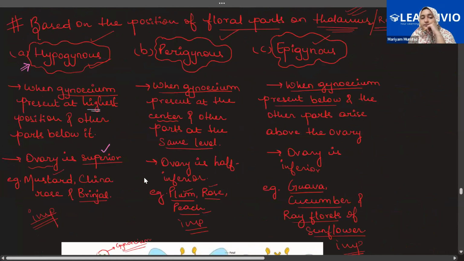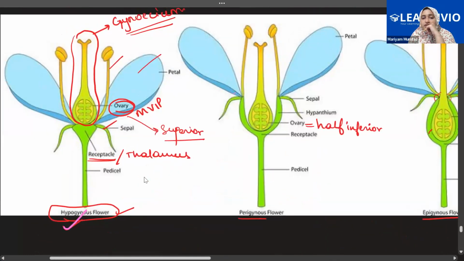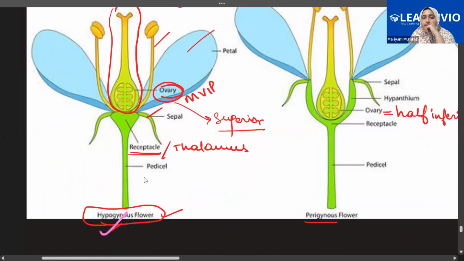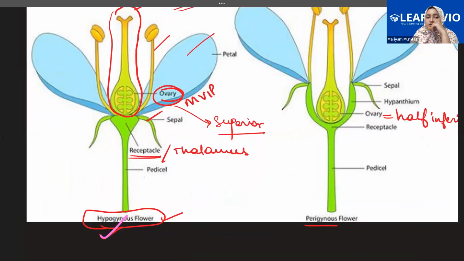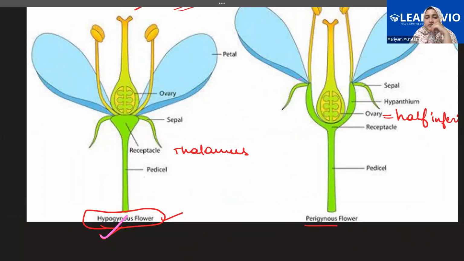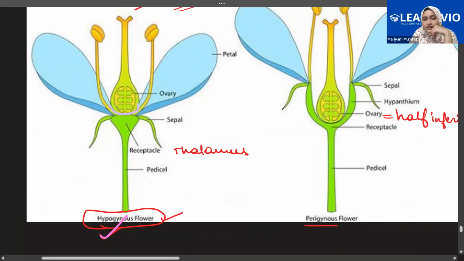See this. The first case. See here, the ovary is superior and everything else is present below it. Do you see this ovary here? And then all of the floral appendages are coming from below the ovary, right?